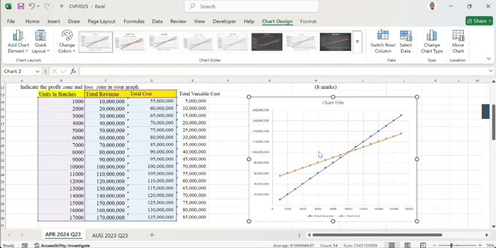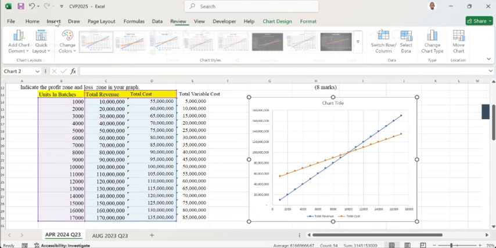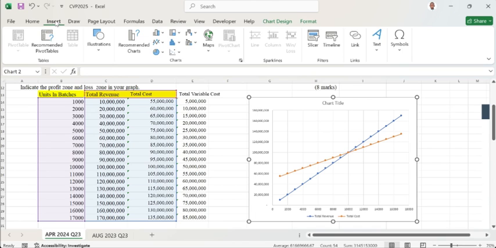Do you have something like mine? Chini wapi teacher? Unaona ukienda kwa insert, recommended charts, ukienda kwa recommended charts utapata bar mbili. Moja ni clustered bar, ingine ni clustered column.